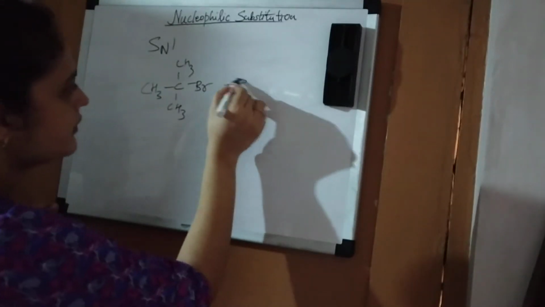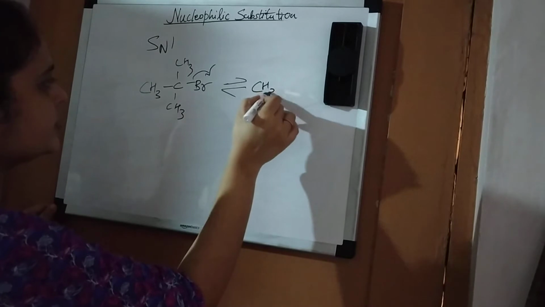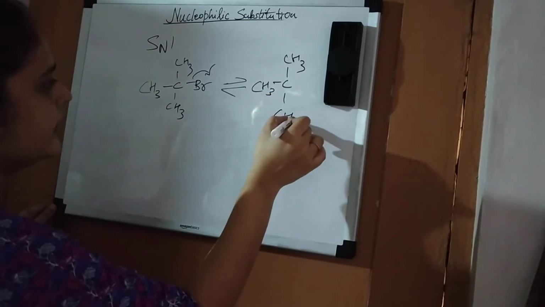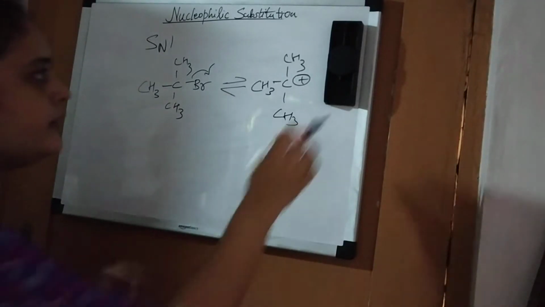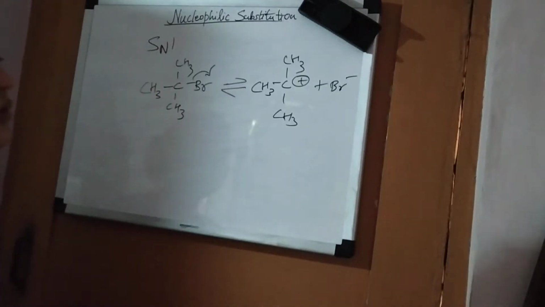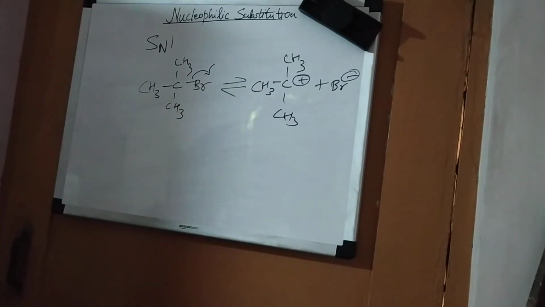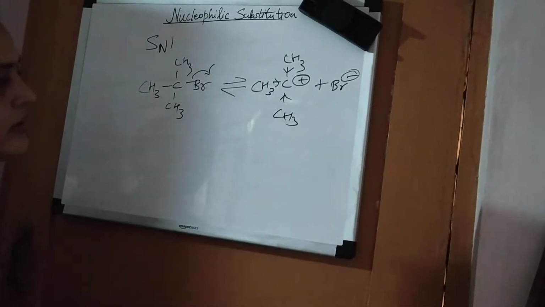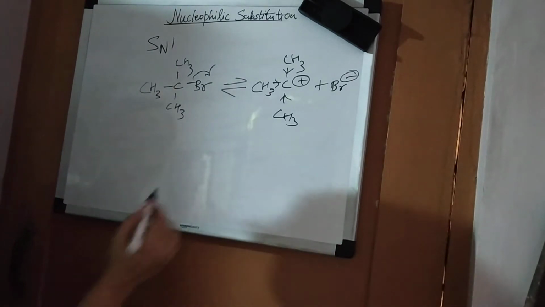The bromine group leaves and we get a tertiary alkyl cation. This tertiary alkyl cation is stable because of the inductive effect from the 3 methyl groups. This is the carbocation.